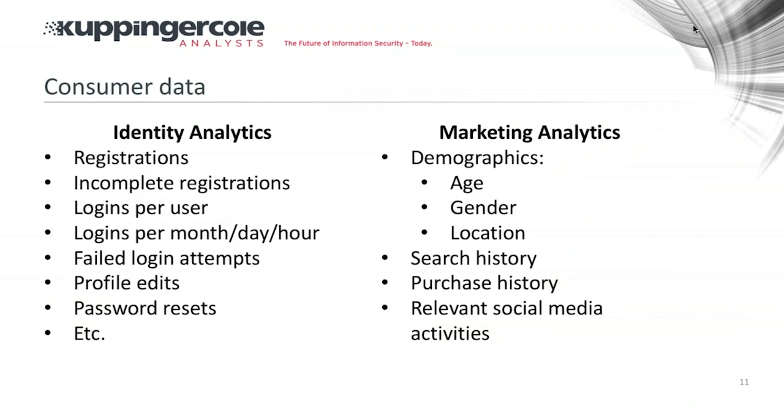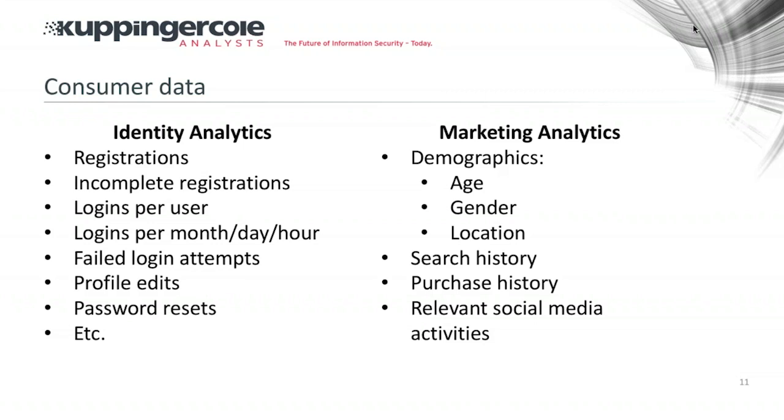And here's a little look at some of the kinds of data that consumer identity management systems can collect with consent. I like to break it into two categories: identity analytics versus marketing analytics. On the identity analytics side, there can be information around the number of registrations you receive over a given time period, and how many of those are incomplete or abandoned.